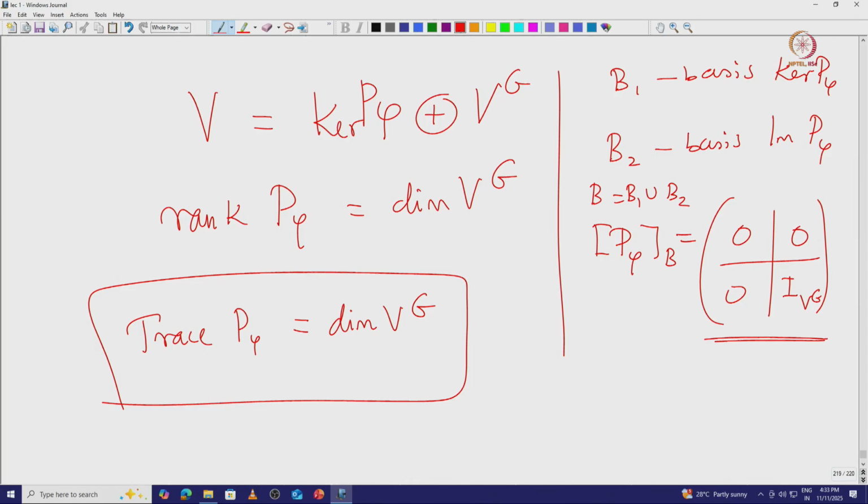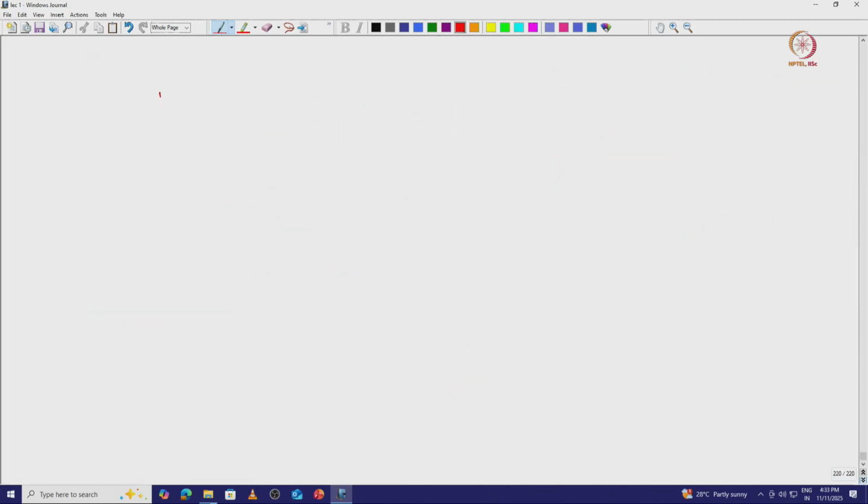observation. That is because the trace of this map P phi can actually be computed using the average map.